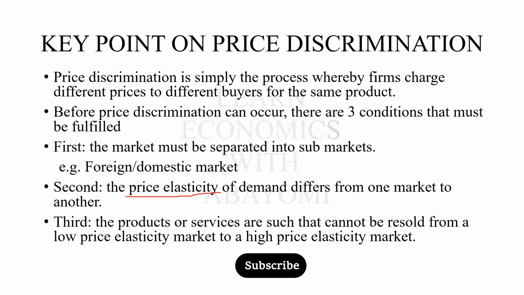For example, I cited two individuals when we started this video. We have individual A and individual B, and a particular phone is sold to different individuals at different prices. Now, individual A responds more to changes in the price of the phone than individual B. And since A responds to changes in prices of the phone, the monopoly can charge a lower price to individual A. And since individual B responds less, the monopoly can charge a higher price.